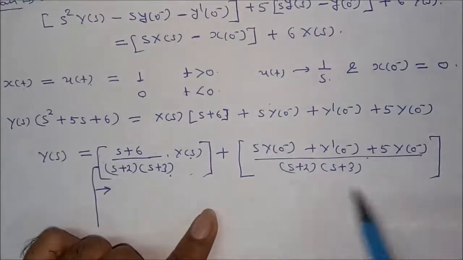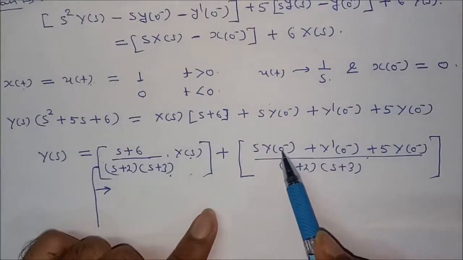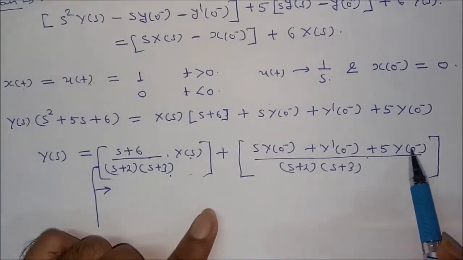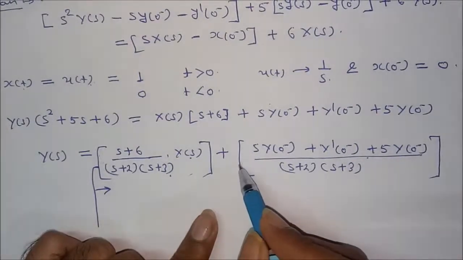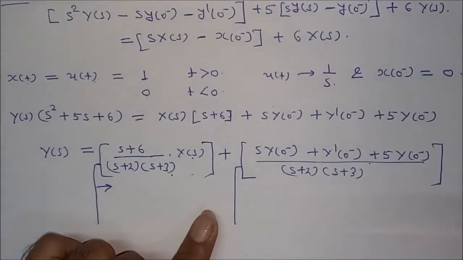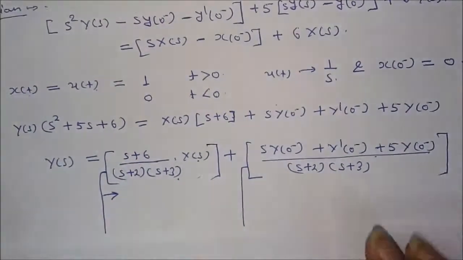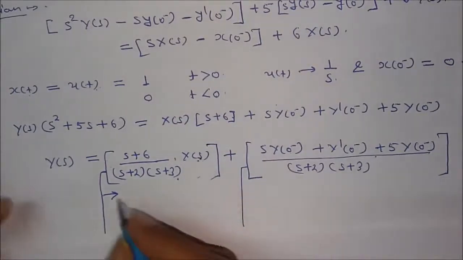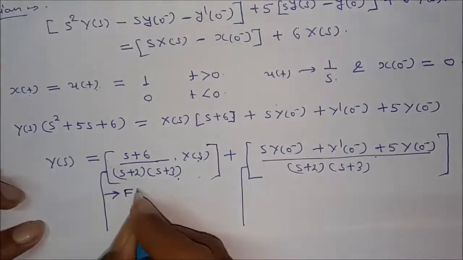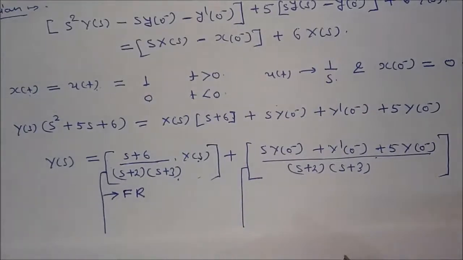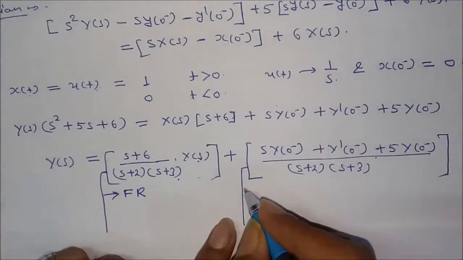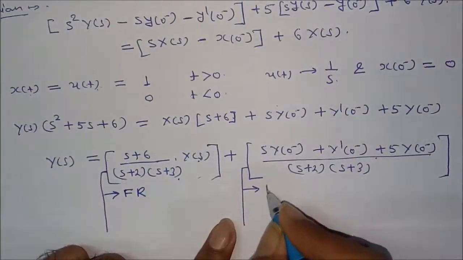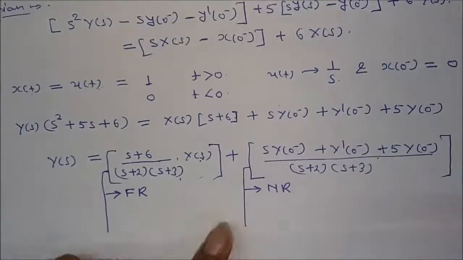In this section we have only initial conditions, y(0-), y'(0-). That means this response is only due to initial conditions. If the response is only due to the input signal, then that is known as forced response. If the response is only due to the initial conditions, that is known as natural response.